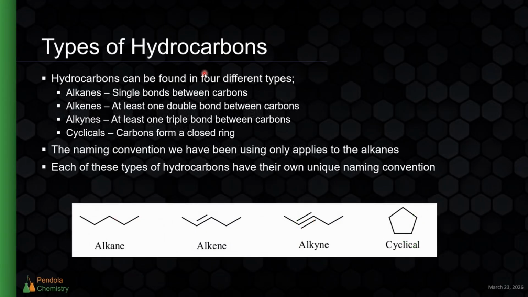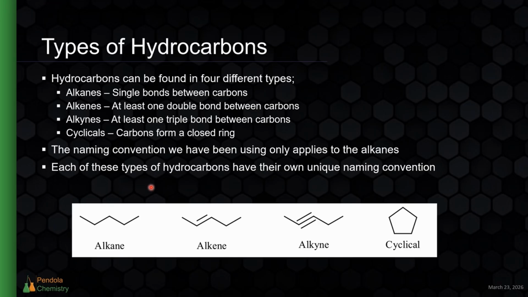Now, what are the different types of hydrocarbons? We already talked about this briefly earlier, but there's 4 different types of hydrocarbons. Now, there are 3 different types of branching of the main body. So we can have straight chains, branches, or cyclicals like we talked about before. But hydrocarbons also come in a variety of bonding.